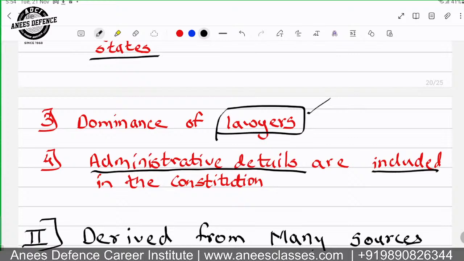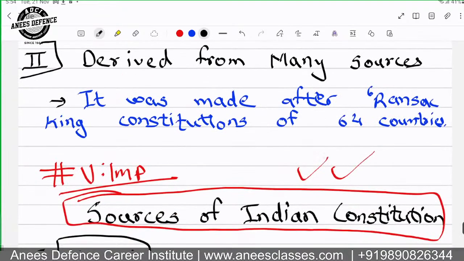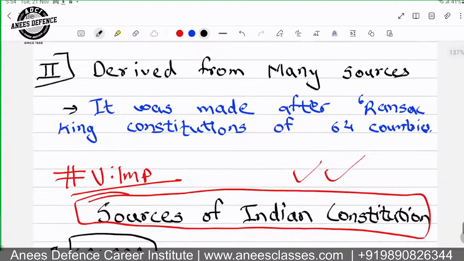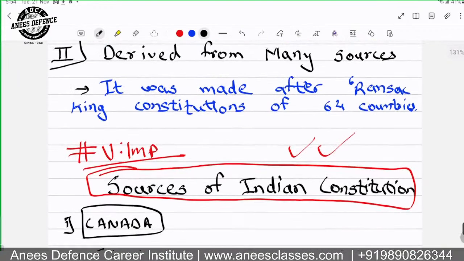Many constitutions, for example, the Constitution of America, do not contain such provisions. Then we have seen the sources of the Indian Constitution. The Indian Constitution was a hopscotch of many constitutions, but it was not an instance of copy and paste.